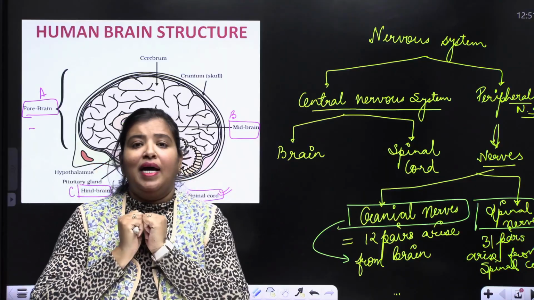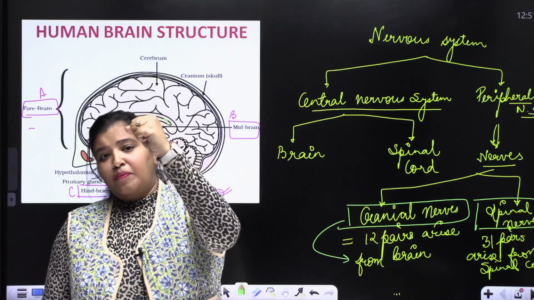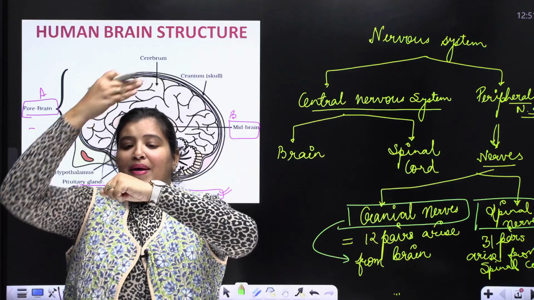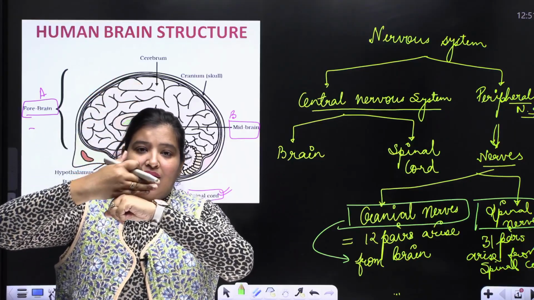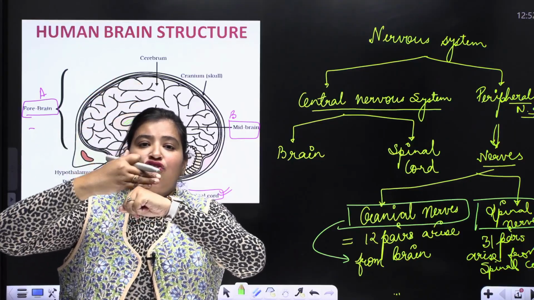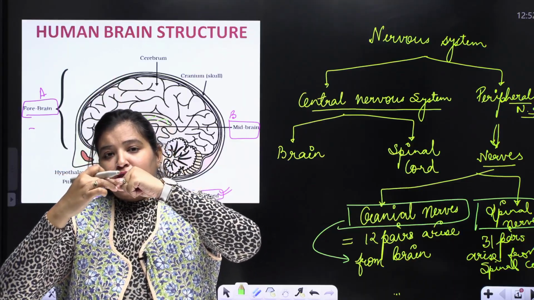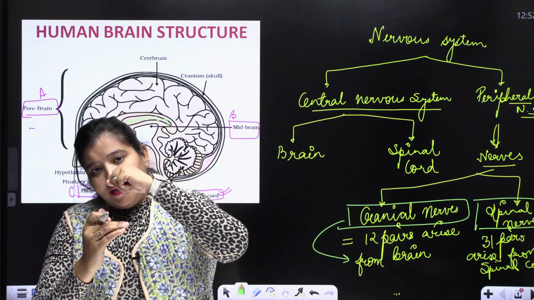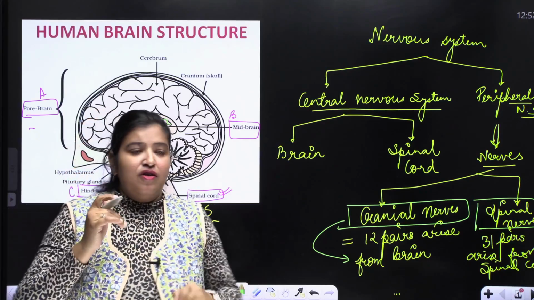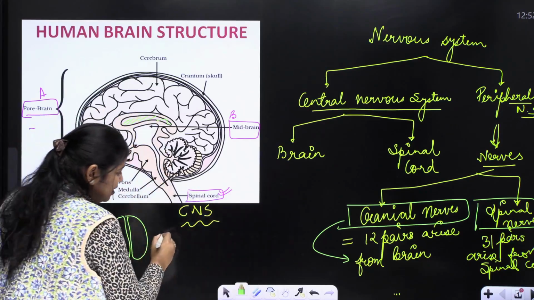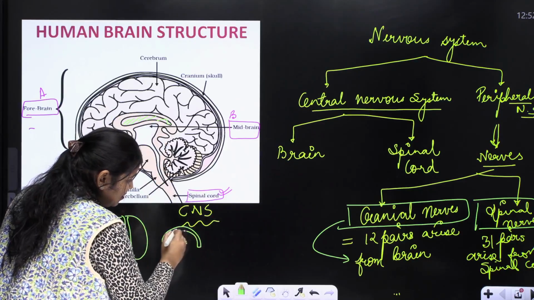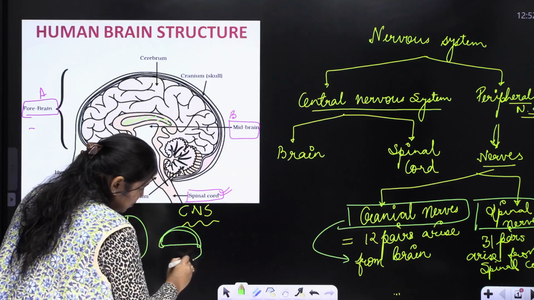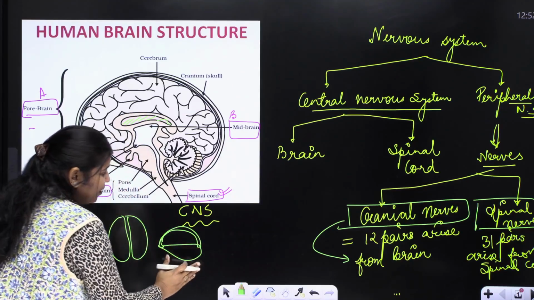I hope I'm clear. I'll just explain it once again. Suppose this fist of mine represents the brain. I make a vertical cut like this. This cut reaches the center of this part, does not reach the lower end. So the upper half is split, and the lower part is connected completely.